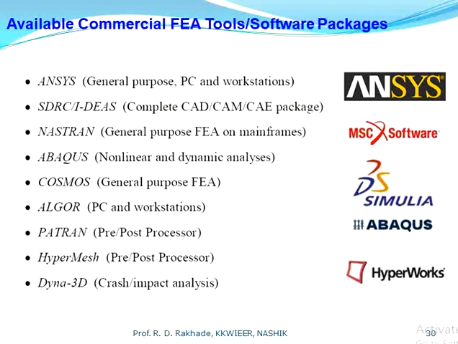Various commercial tools or software packages we have, such as ANSYS, CFD, Nastran, Abaqus, Cosmos, Algor, Patran, Hypermesh, Dyna. Among those, ANSYS is the most popular general purpose package for analysis.